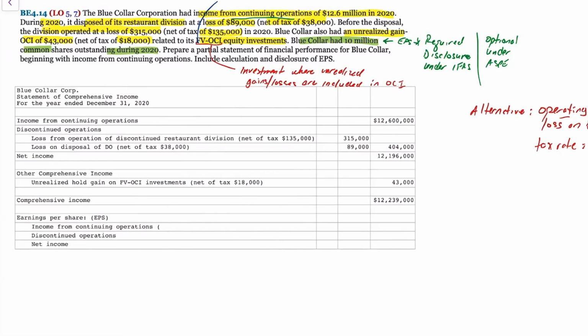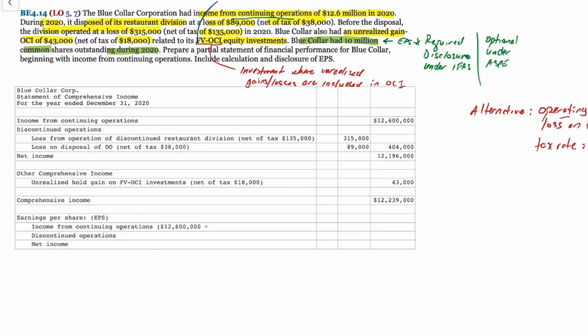So how would we calculate the earnings per share on income from continuing operations? The hint is to find this line in your income statement. Your income from continuing operations is how much? 12,600,000. And you need to divide that by what? By the number of shares. And how many shares are there? 10 million common shares.